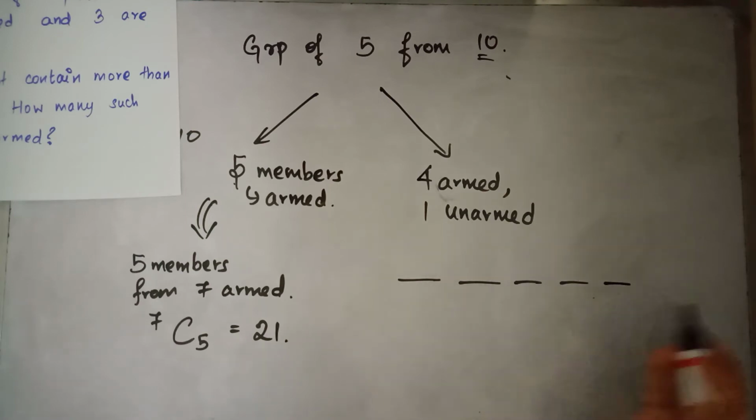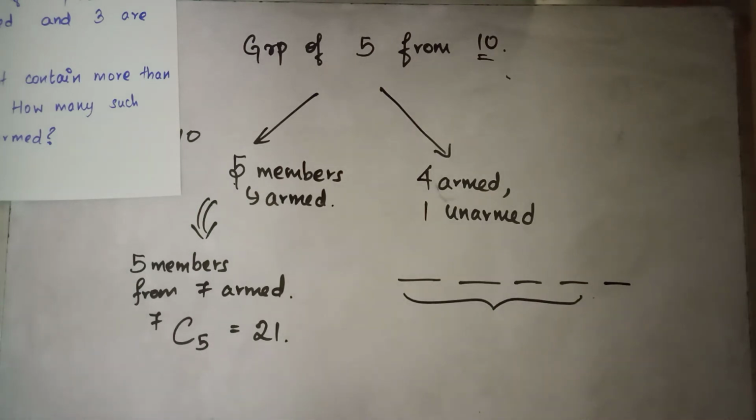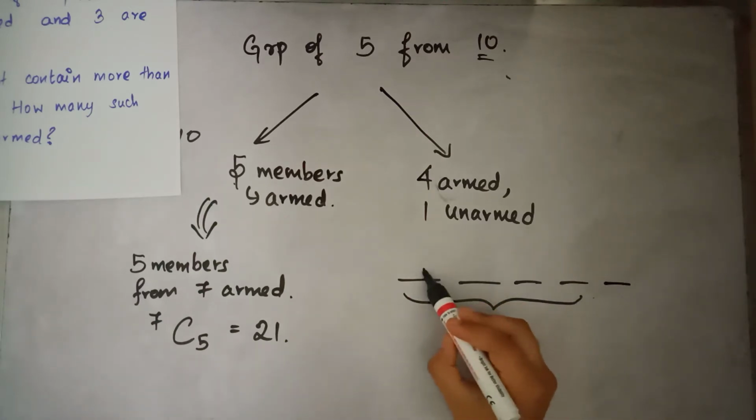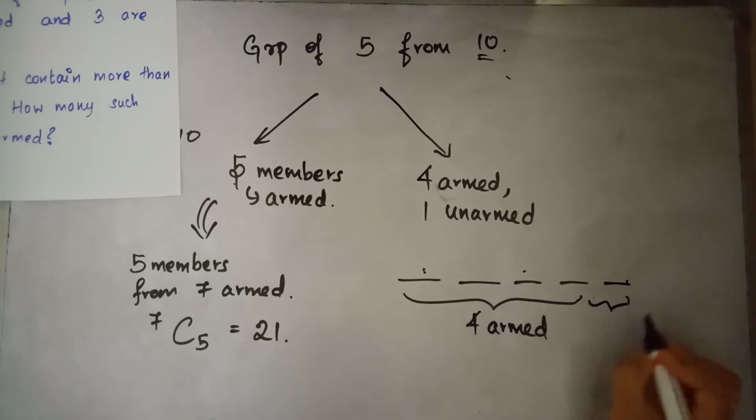Out of this, order does not matter at all. We are taking combination, not permutation. So it does not matter if the unarmed member is here or wherever. I just need 4 armed members, and I need 1 unarmed member.